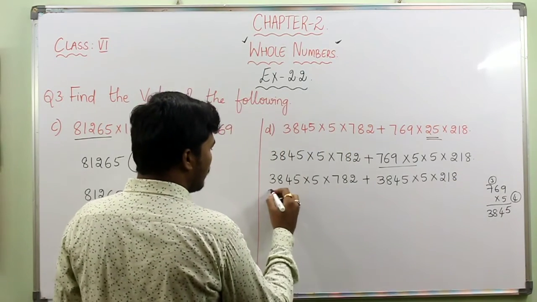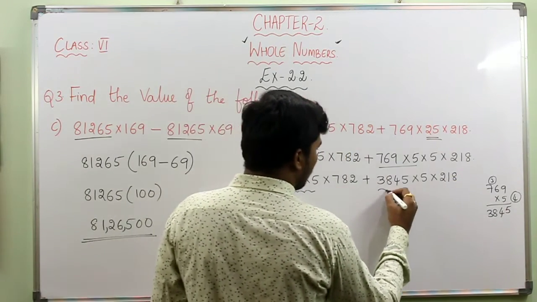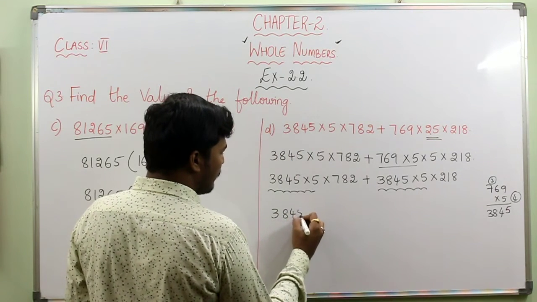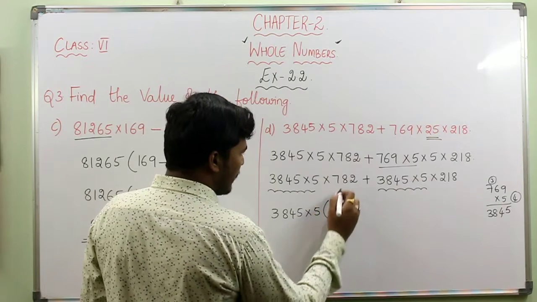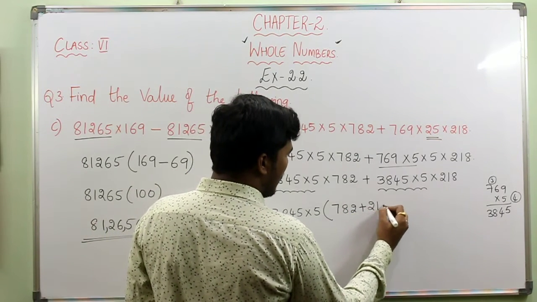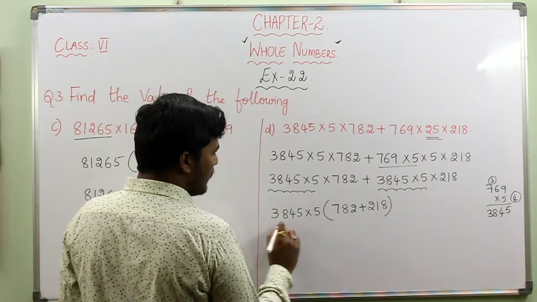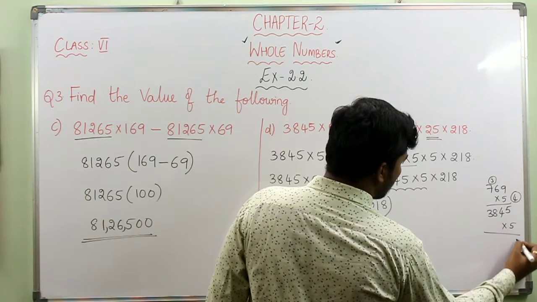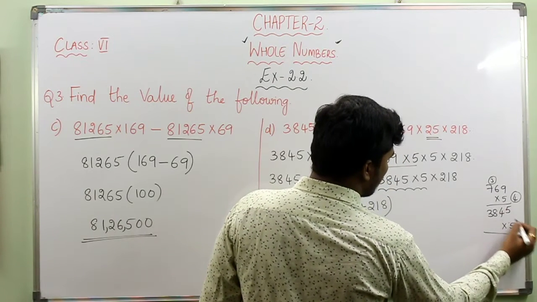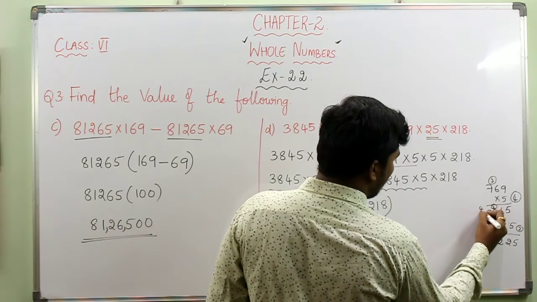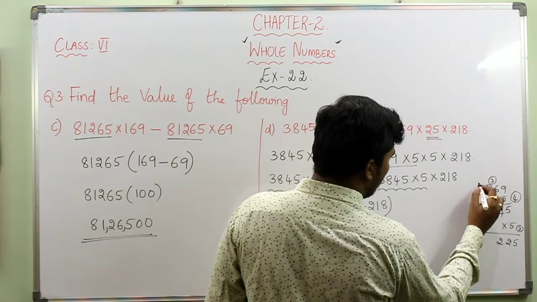So now I have common 3845 into 5. I take common, I have 782 plus 218. Now multiply these two again into 5. 5 fives are 25, 5 fours are 20, 22, 8 fives are 40, 42, 5 threes are 15, 16, 17, 18, 19.